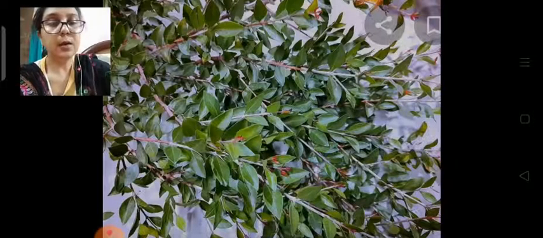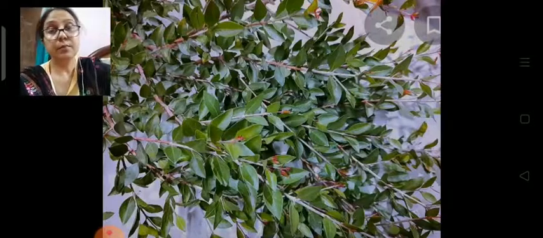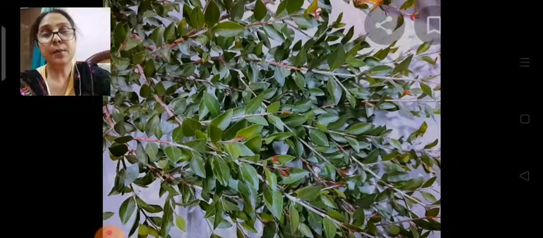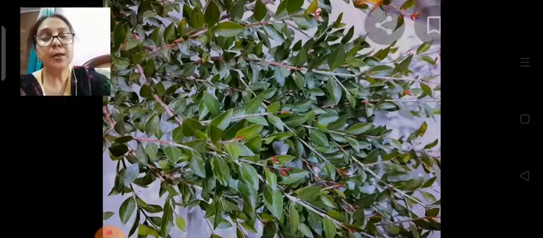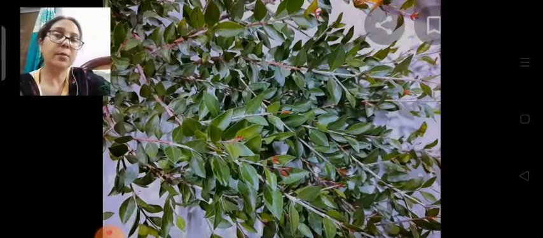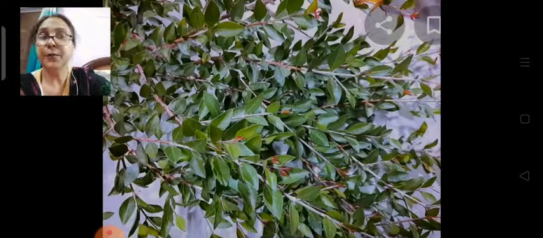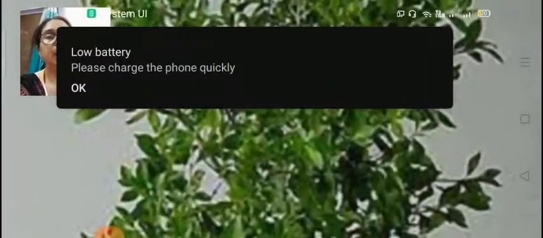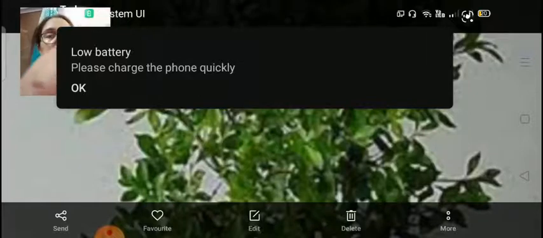And here we have discussed the qualities of the mehendi plant or henna plant, and it is totally a medicinal plant, and it is very useful for people who are using it as a dye for coloring their palms or their feet. Okay, now here you can see I am showing you the plant of mehendi or henna.